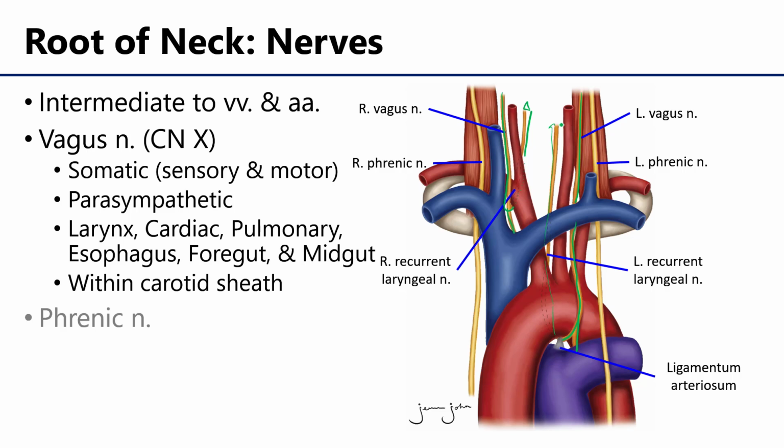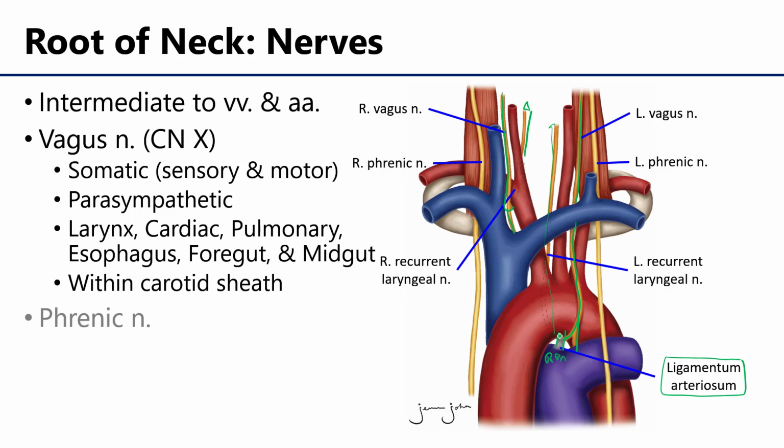That left recurrent laryngeal nerve is oftentimes found in association with the ligamentum arteriosum. That ligamentum arteriosum is in the vicinity of the right pulmonary artery, the concavity of the aorta.